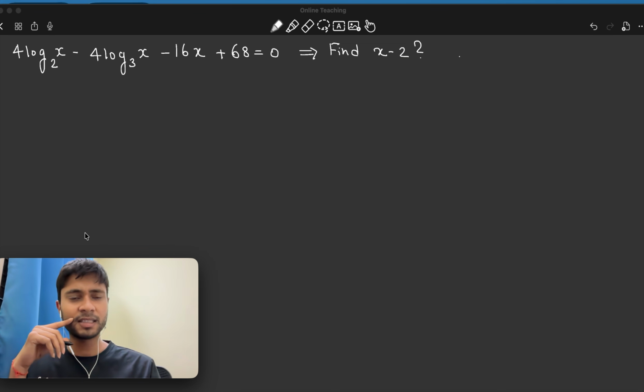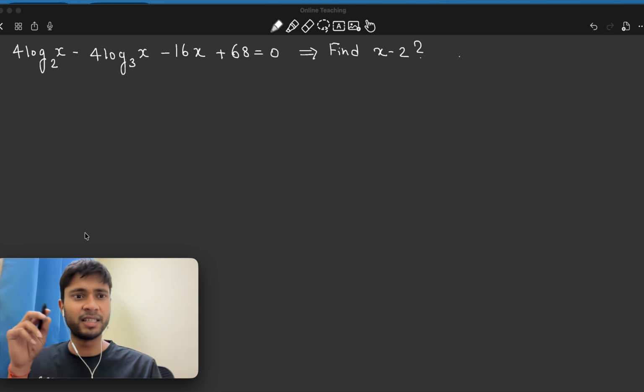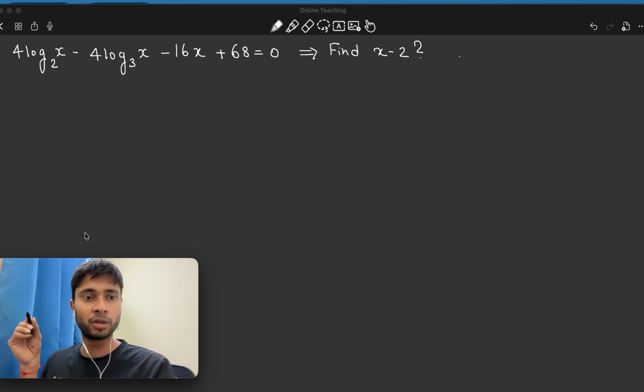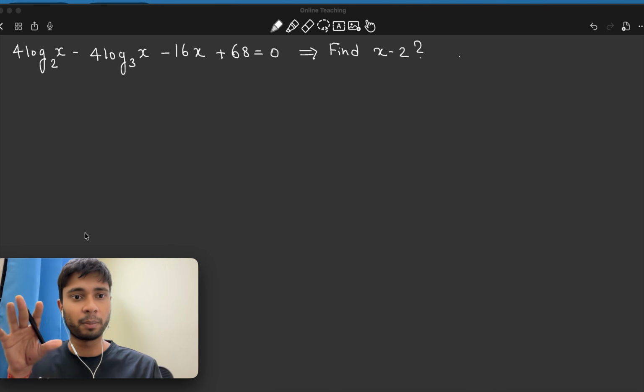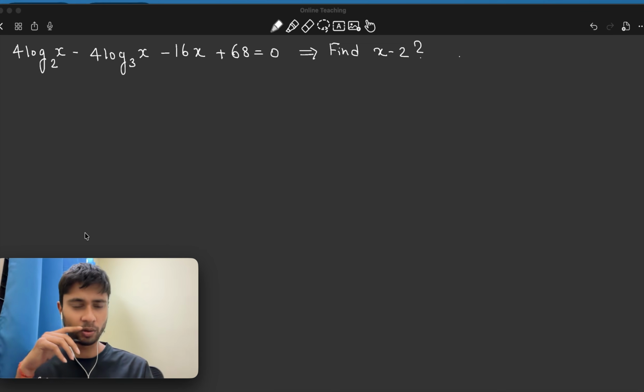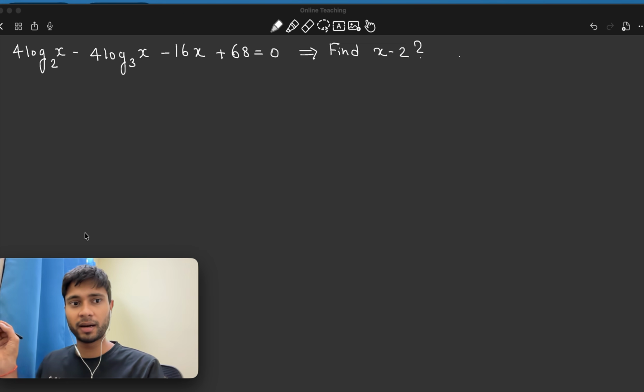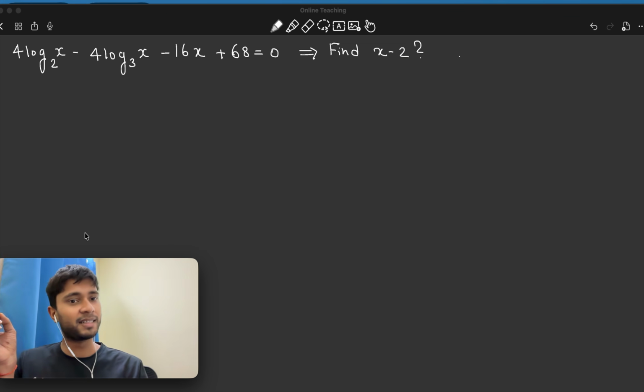I tried multiple things, changing the value of log, changing the base, making it the same by converting it into base e, and then I was trying to somehow compare this with the linear term 16x minus 68, but I was not able to club them together. After 5 minutes I thought, okay, we cannot solve it by a traditional algebra method.